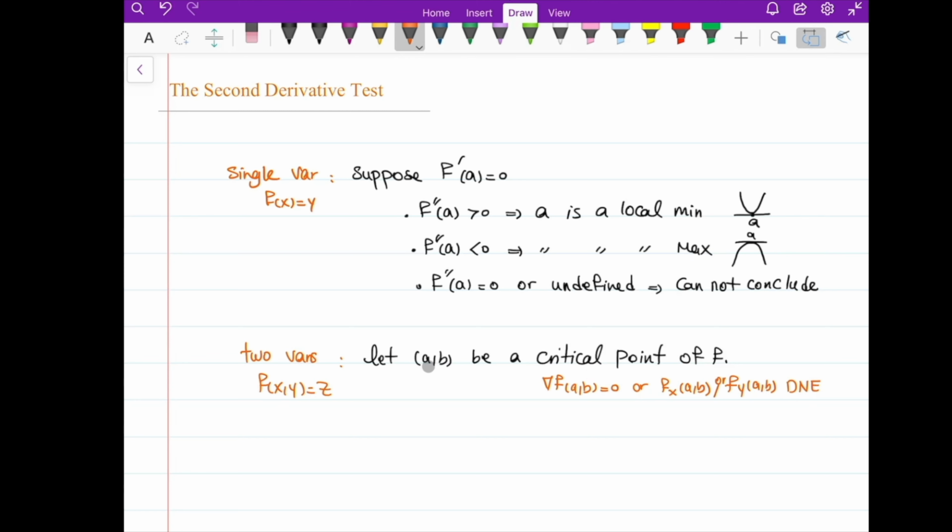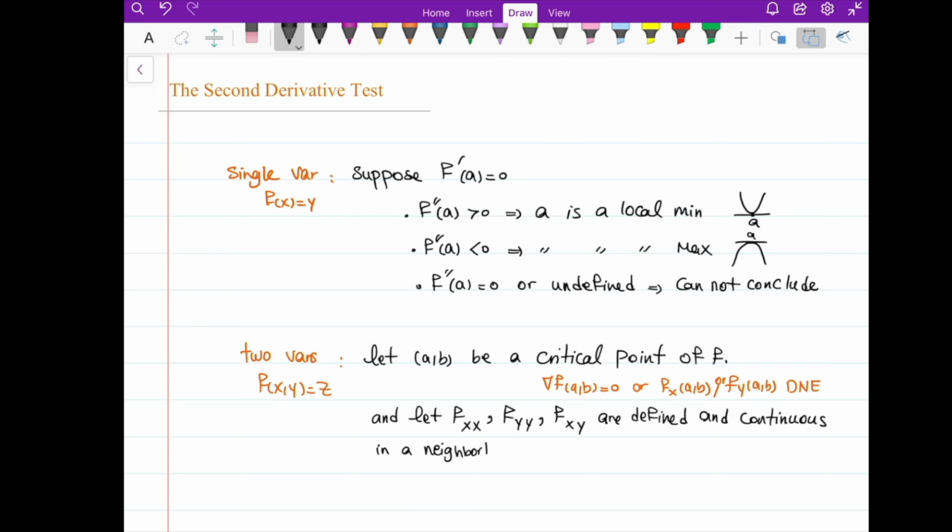So if we have a critical point at the point A, B, then let the second partial derivative with respect to x, the second partial derivative with respect to y, and the second partial derivative with respect to x and y be defined and continuous in a neighborhood of A, B. So we need to have these two conditions.